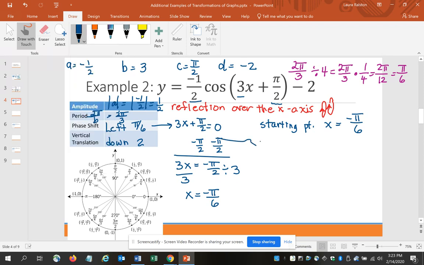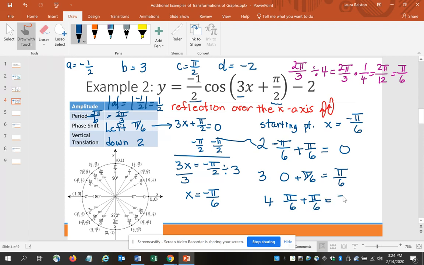Okay, so my second point would be negative pi sixth plus pi sixth, which is 0. My third point would be 0 plus pi sixth, which is pi sixth. My fourth point would be pi sixth plus pi sixth, which is 2 pi sixth, or pi thirds.